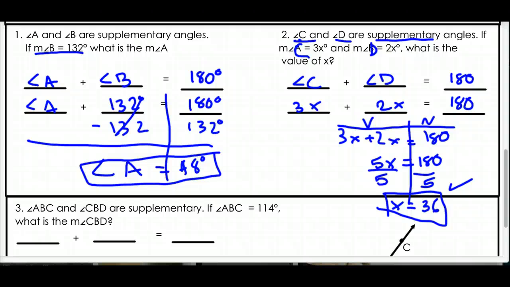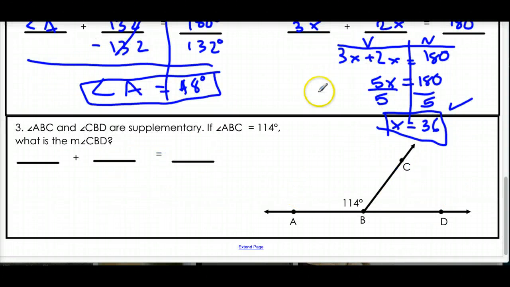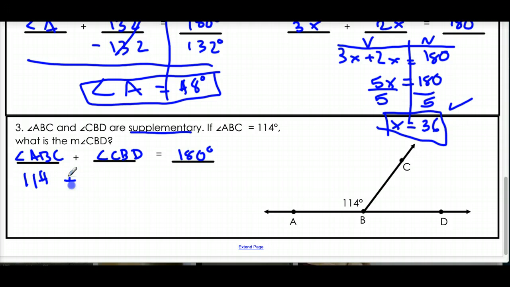All right. Moving on, this third problem. Angle ABC and CBD are supplementary, so let's write that out. Angle ABC plus angle CBD are equal to 180, because they're supplementary. If angle ABC is 114 degrees, what is CBD? So this is 114.